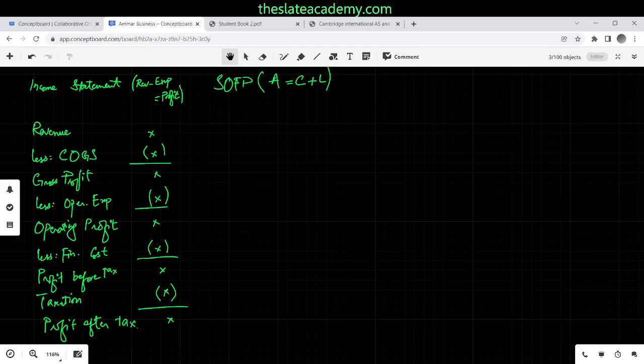For assets, we will have two categories, non-current assets and current assets. Non-current assets include land, building, machinery, vehicles, such assets. Current assets include inventory, debtors, bank balance, cash, such stuff. So non-current assets and current assets, if I add them, I will have total assets of the business.